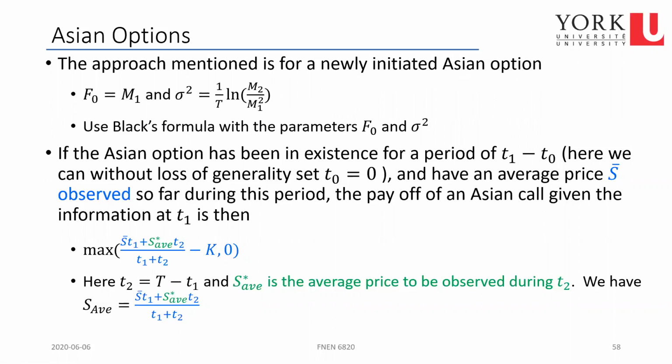Whereas if this option has been in existence for a period of time, you can't just use this formula to price it, because you have observed a period of history of this particular stock, and that observed history is actually important, and it will influence the actual price of the Asian option. So suppose you have an Asian option of 3 months.